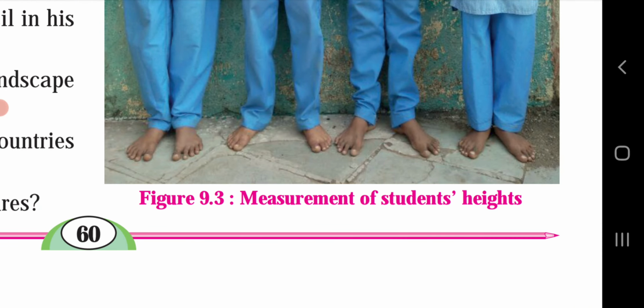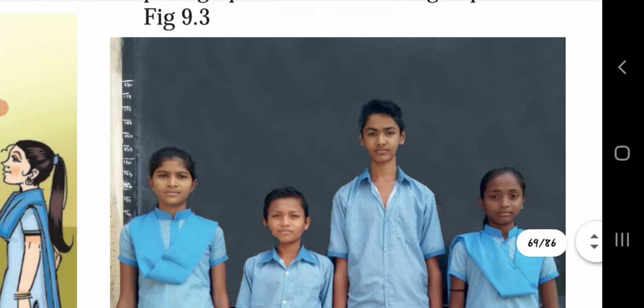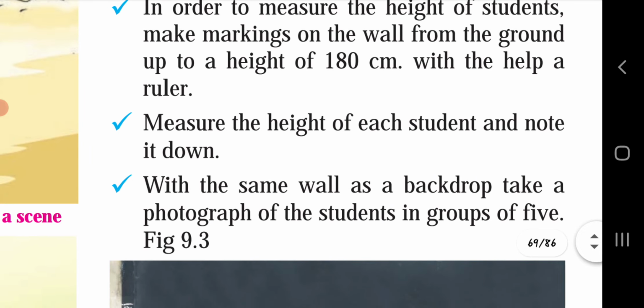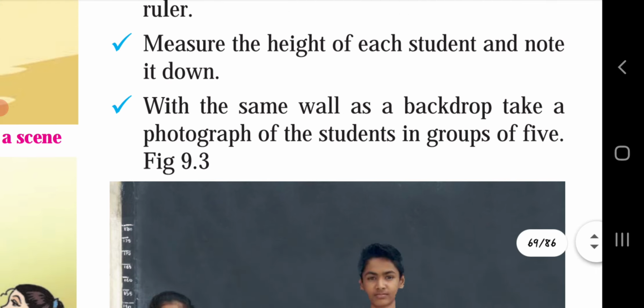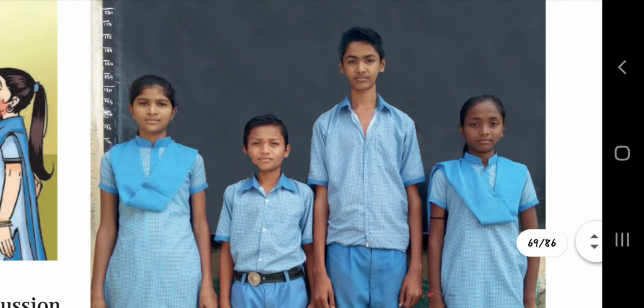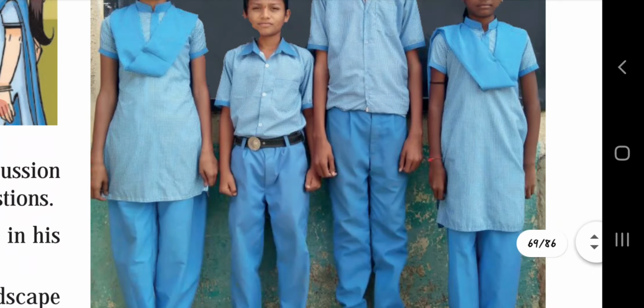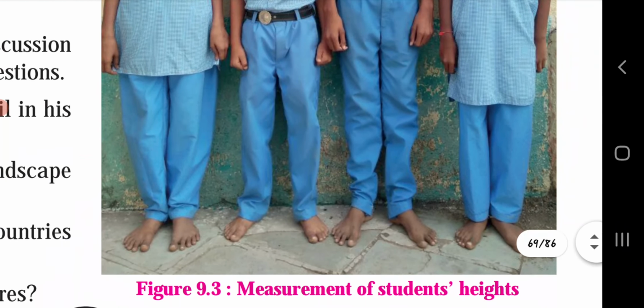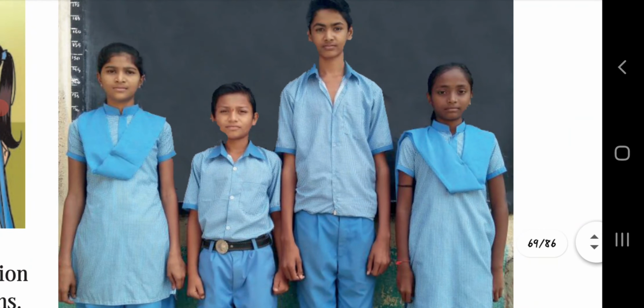Figure 9.3, measurement of students' height. See here, 4 students are standing. We can see they are of different scale or different height.